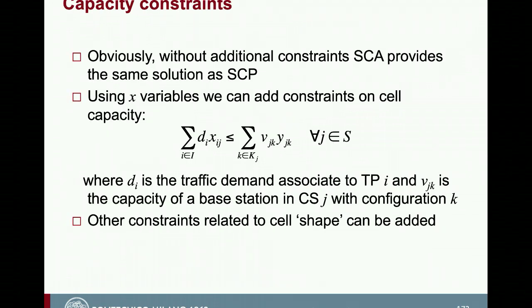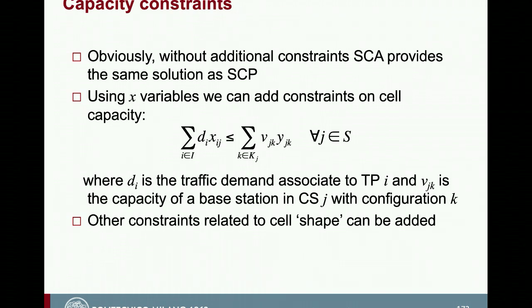And one of the modifications that we can make is on capacity, right? So far we have been just modeling the coverage, but we didn't consider the capacity of a base station. And we know that this is an important parameter because the spectrum that is assigned to a base station is limited, and then the capacity that we use is limited also because of the coverage, right? But it can be also limited by the backhauling link.